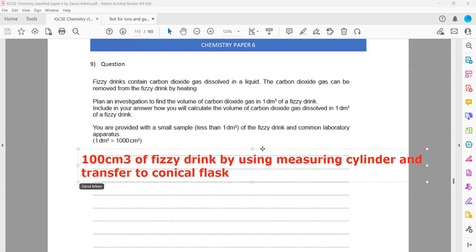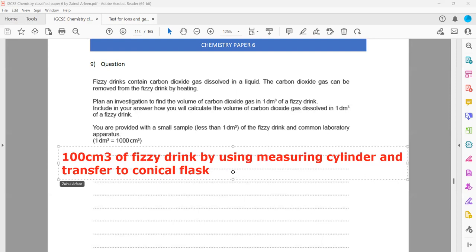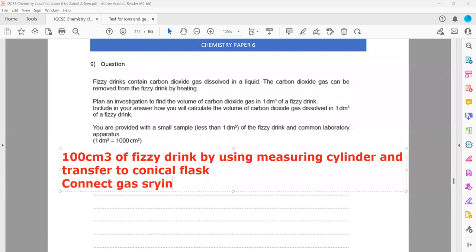So we'll take 100 cm cube of a fizzy drink by using a measuring cylinder, and we transfer that into a conical flask. Then we can connect the gas syringe and bung, or you can also say we can collect the gas over water. That can also be done. We connect the gas syringe via a delivery tube.